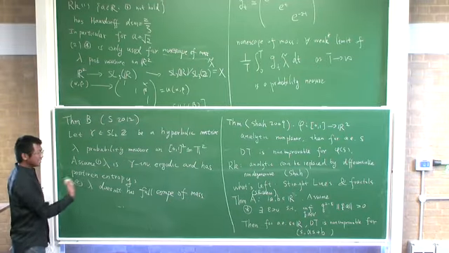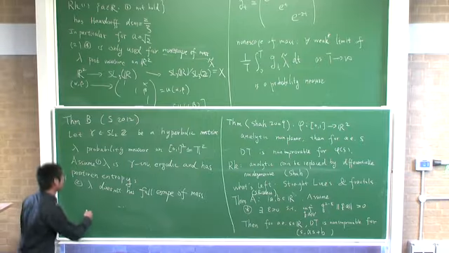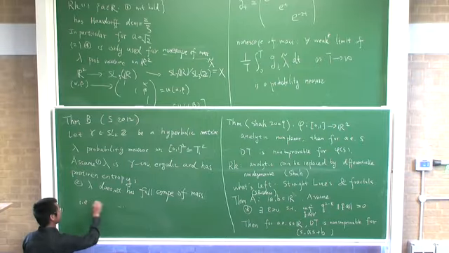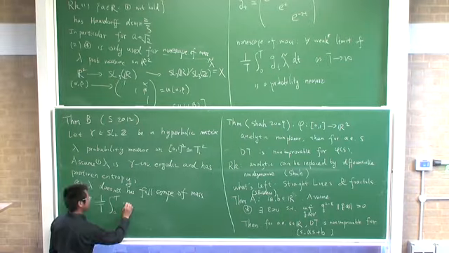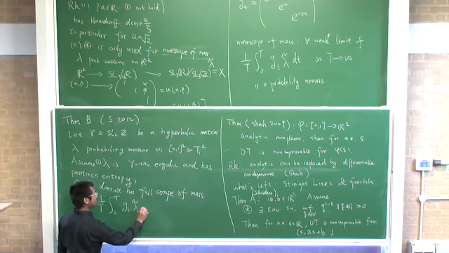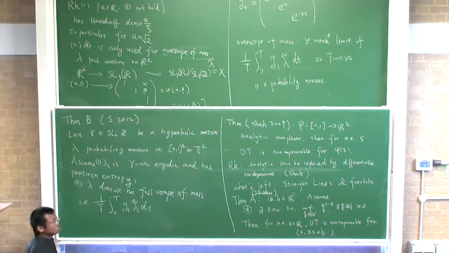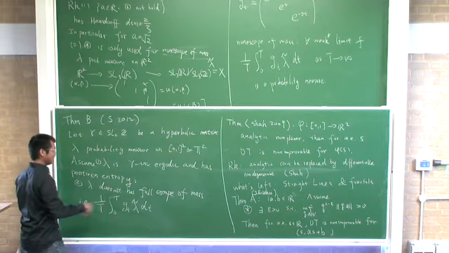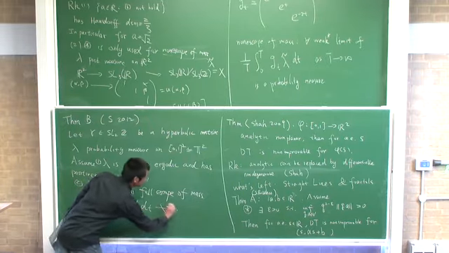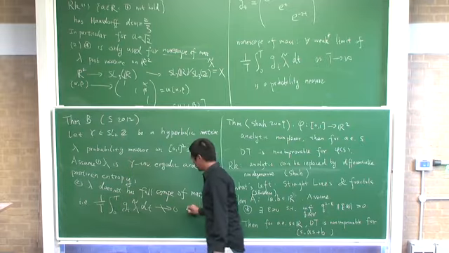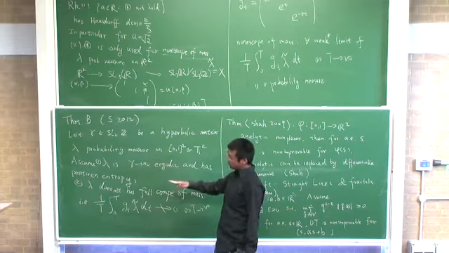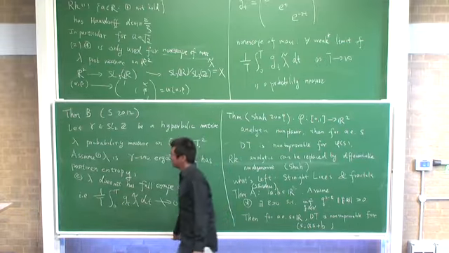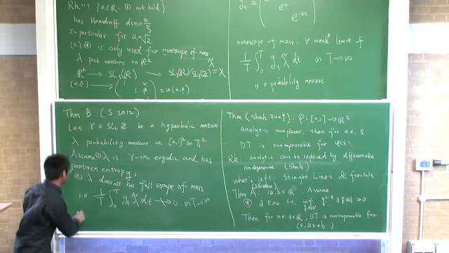That means the push forward of lambda tilde by GT does not converge to 0 as capital T goes to infinity. On these two assumptions, we have the same conclusion.